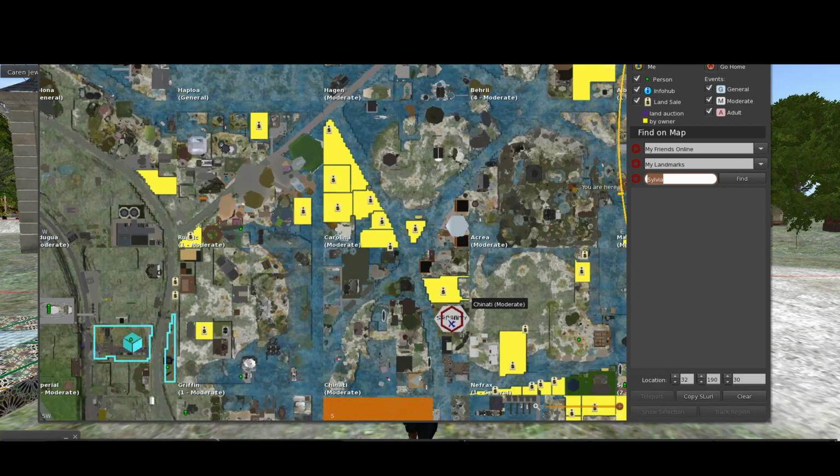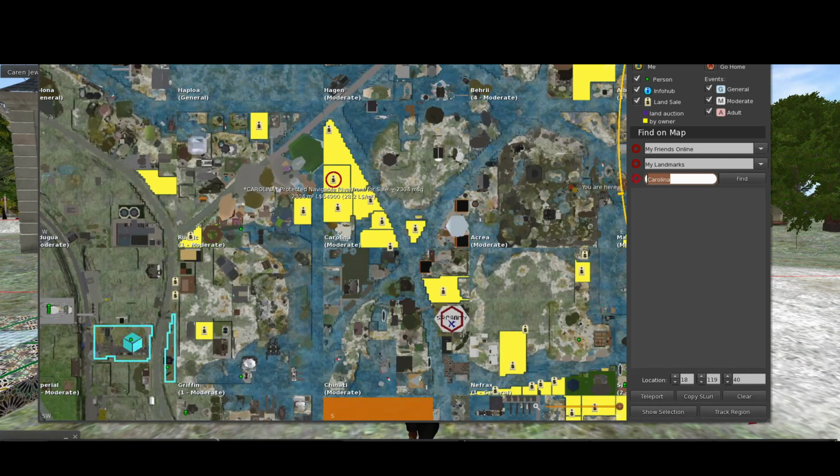It'll be up to you, depending upon how you want to handle things. Not every piece of land for sale is for rent, nor every piece of land for rent is for sale. So you have to check each individual one. So I'm going to click that one.